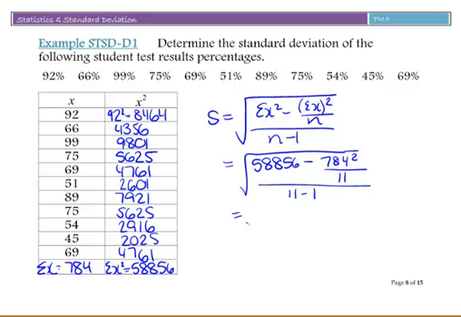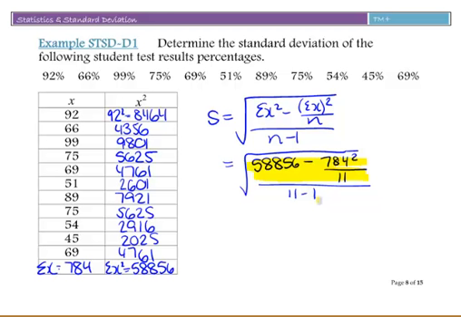Okay, now you might want to just plug that straight in the calculator so you're not estimating an estimate. I'm going to go through it here with you. So it's 58856 minus, then it's 784 squared divided by 11. Press enter now, or equals on your calculator, because you want to evaluate this whole top thing before you divide by what's on the bottom. Then divide that by 10.